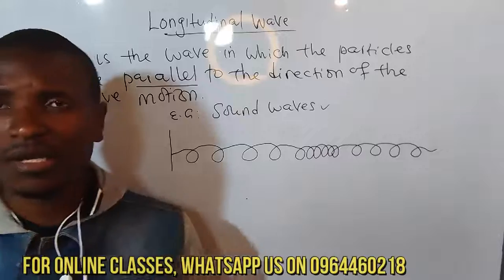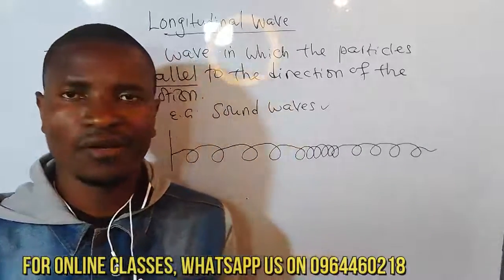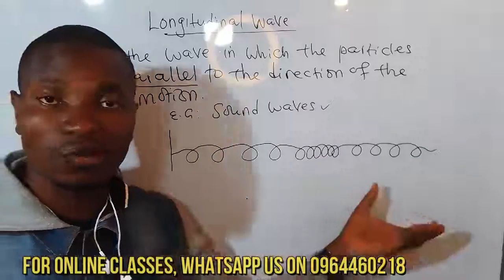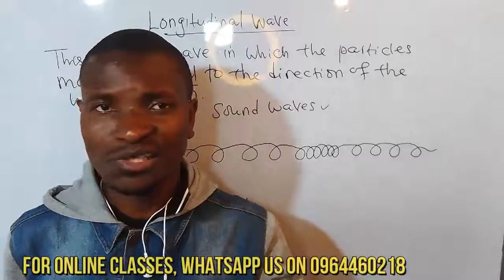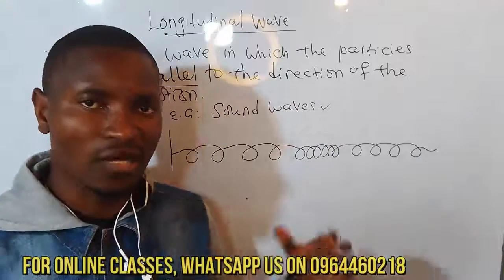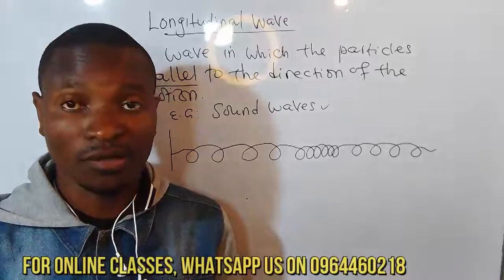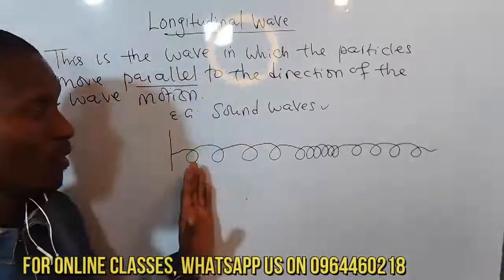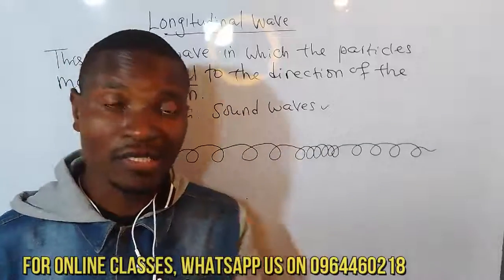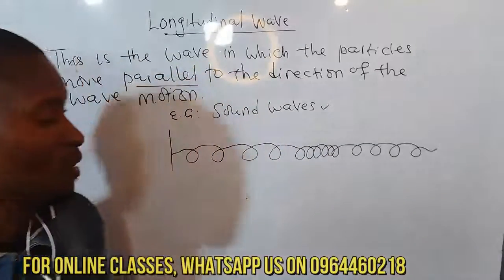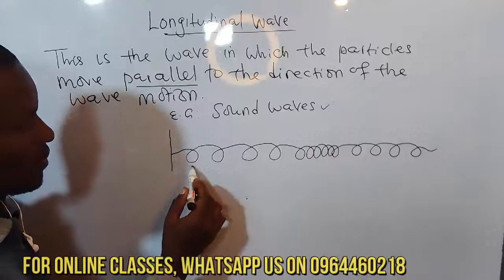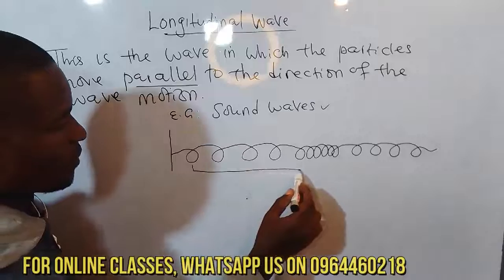What you need to understand when you talk about a longitudinal wave is that the direction of the wave, in which the particles that cause that wave also move, is the same direction as where the wave is going. So the particles don't move up and down, perpendicular to the wave motion, but this one moves parallel.